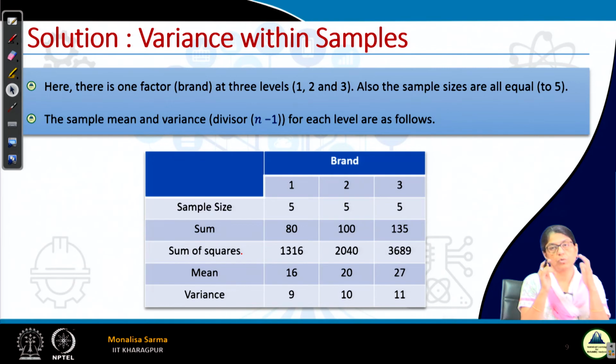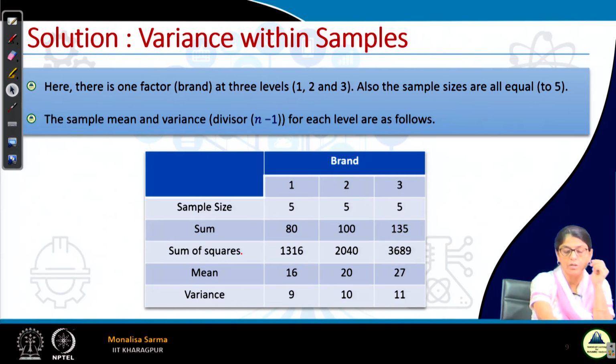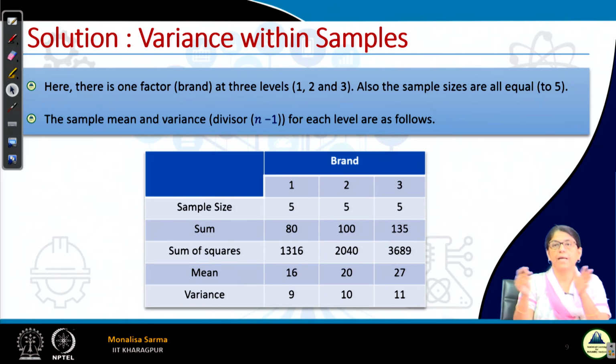How do you find the between group sum of squares? Basically, it is better if you have 2 columns here. One is the within group sum of squares, and next is the between group sum of squares. And between group sum of squares, how do we find it? We will subtract the treatment mean from the grand mean and add up all those.